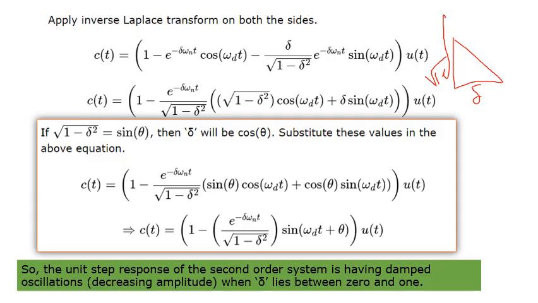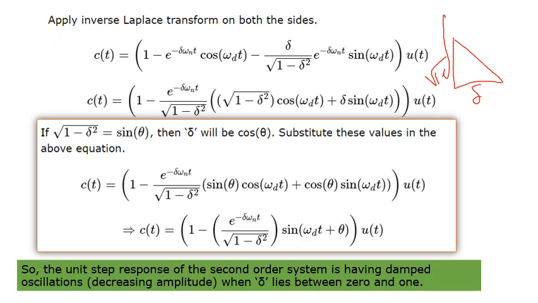When I make this substitution, I have square root of 1 minus zeta square is sin theta, cos omega dt will be as it is, and zeta will be cos theta sin omega dt.